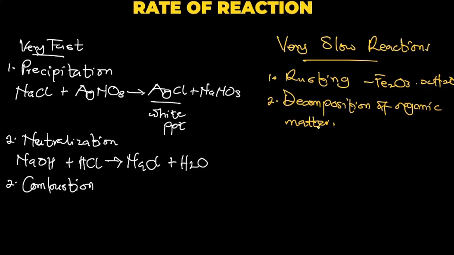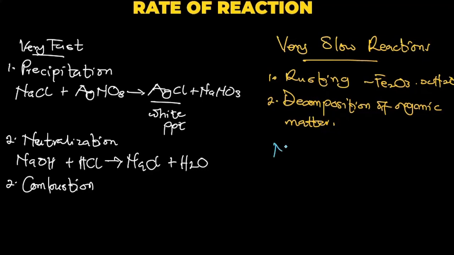All these things are very slow processes, and we'll say that they are very slow reactions. But the thing is, reactions that are very fast, or very slow, we are not really interested in studying them. We don't spend too much time studying very slow reactions. We are interested in reactions that are moderate, in between. And then we study to see how we can adjust the factors that will affect the rate in order to have a good yield in those kind of reactions.